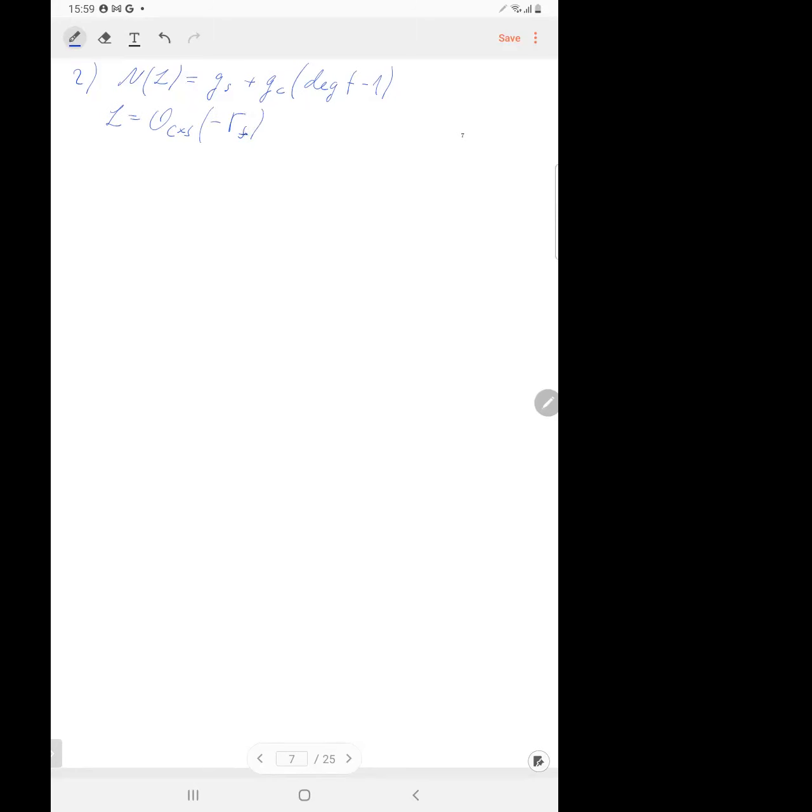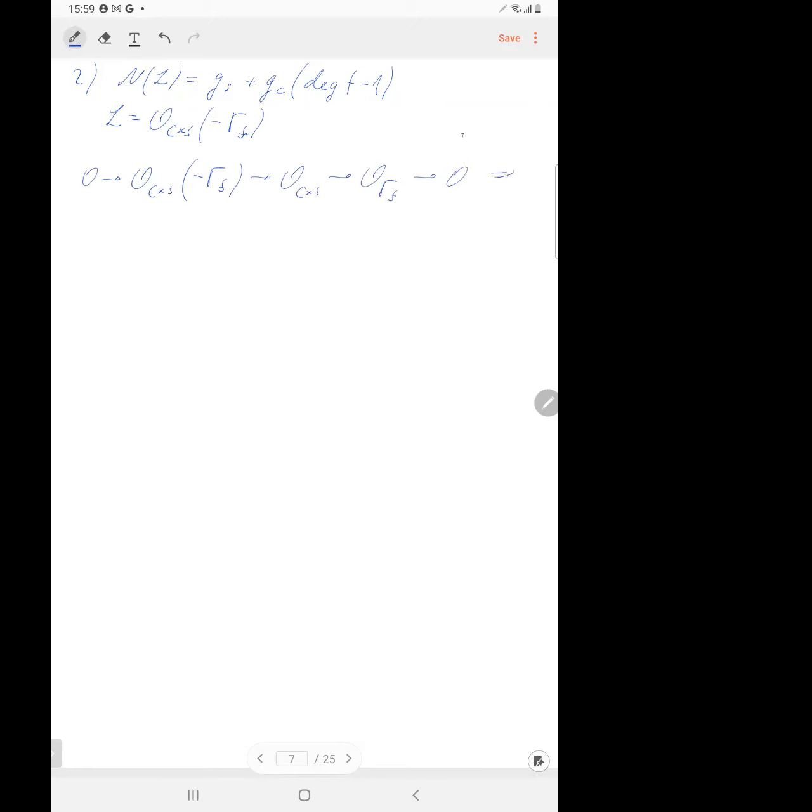And let's consider an exact sequence. This ideal sheaf goes to the structure sheaf, goes to the structure sheaf of the graph.